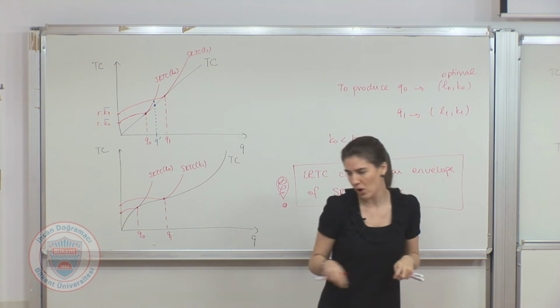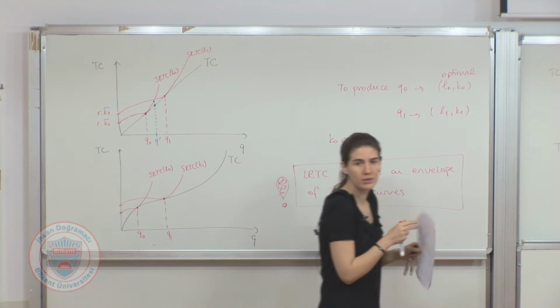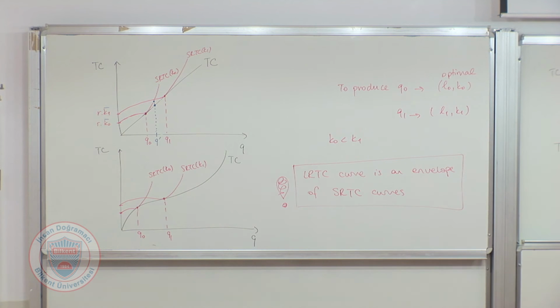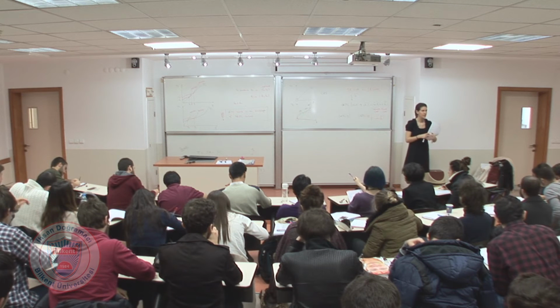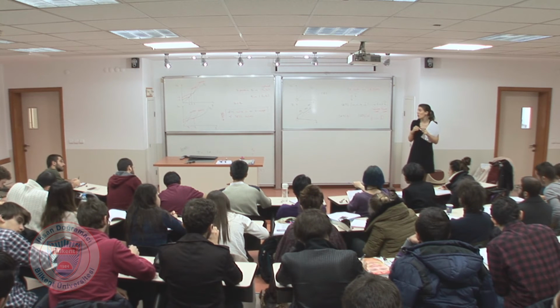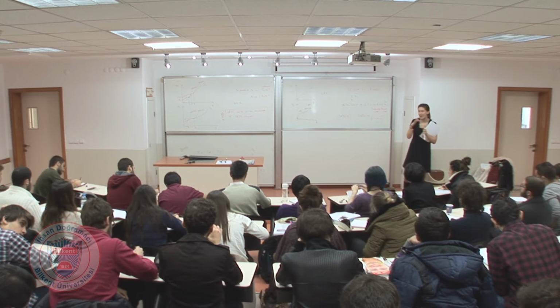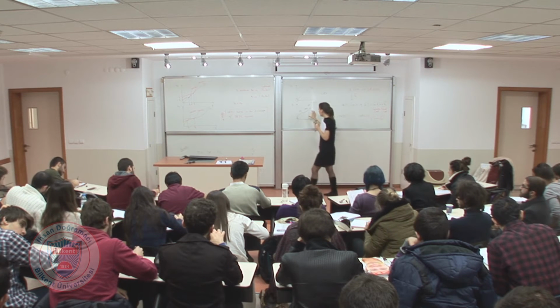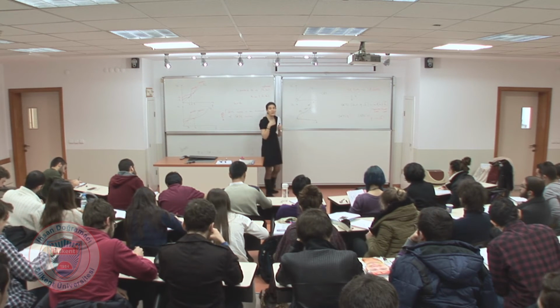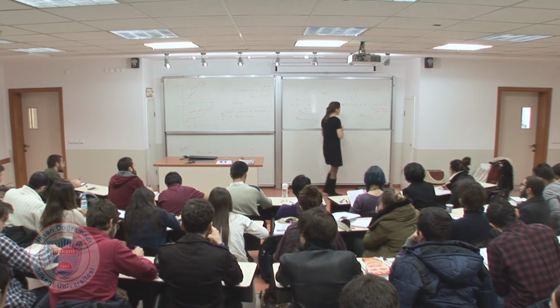Now, let's actually try to look at returns to scale, in terms of production and in terms of the cost function. This is what we said in our previous class. When we think of it, remember where the cost function was coming from?